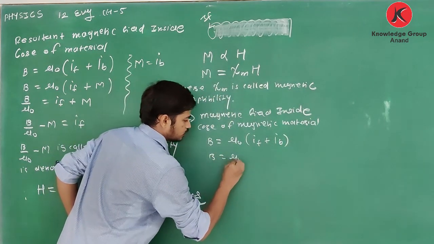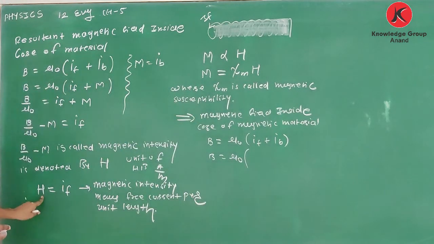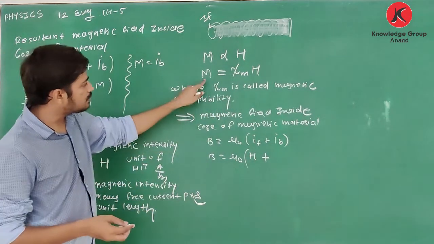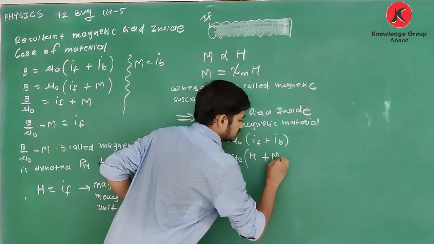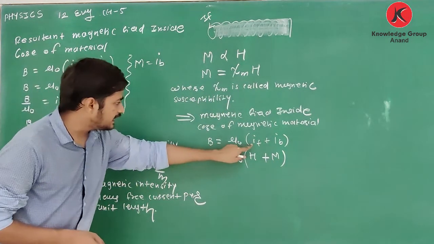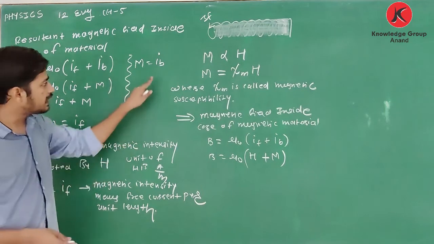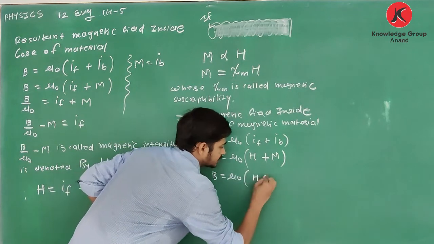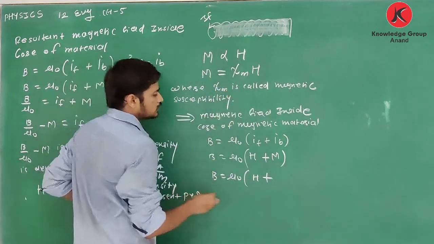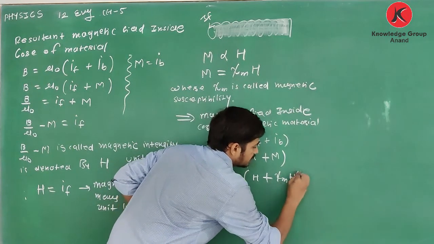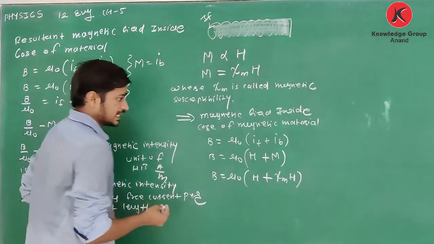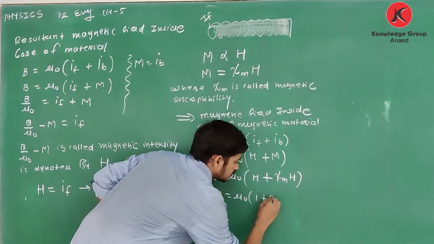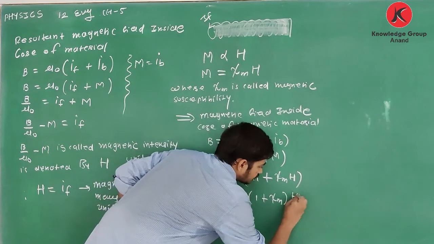So B is equal to mu 0 IF, I can replace IF by H, plus IB, I can replace IB by M. Clear about this equation? IF is equal to H, we have proved. IB is equal to M, we have proved. So yes, B is equal to mu 0 into H plus M. Magnetization is equal to chi m into H. Clear about this? So yes, again H common. So B is equal to mu 0 into 1 plus chi m, into H.